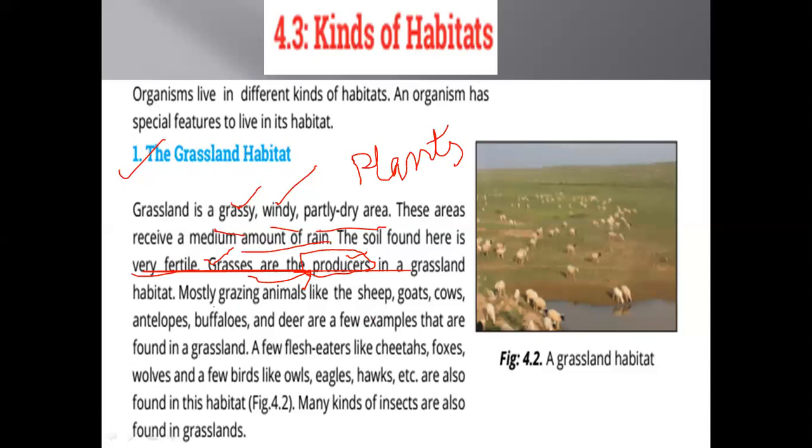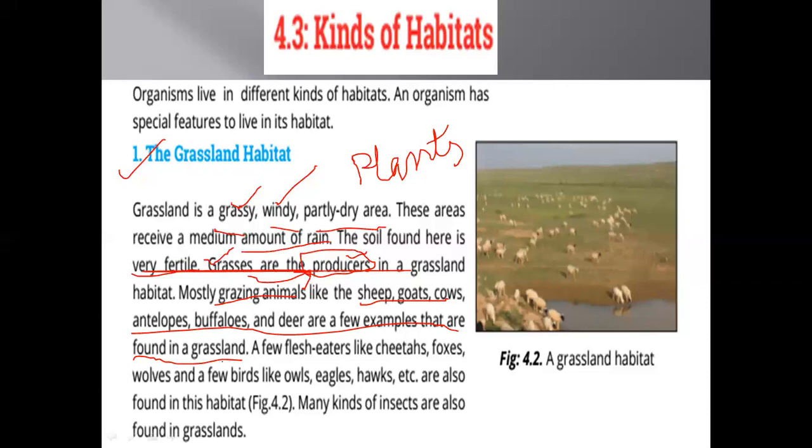So mostly grazing animals live over there. Grazing animals are the animals who just feed on the plants, on the grass. They just graze, they just eat the grass. Sheep, goats, cows, antelopes, buffaloes, deer are a few examples that are found in a grassland.